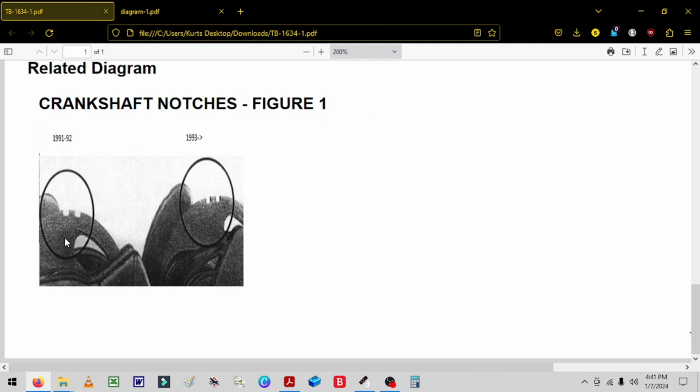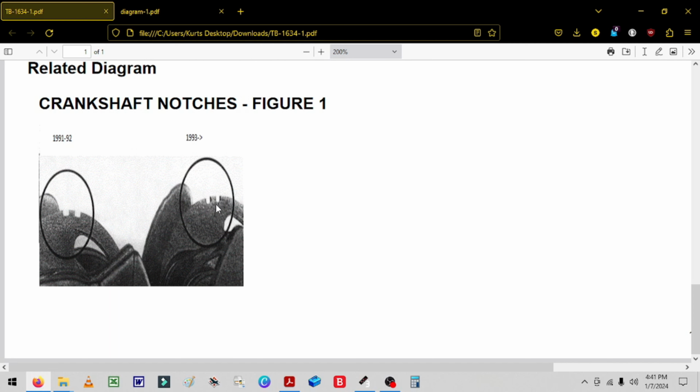So this is a 91 to 92 crank, and the difference I see just in the look of it, at least what I can pull out of it, is it looks like this design here is more squarish in the cut, whereas in 93 and forward, you see it has more of a curve on the end, like the head of an eraser, kind of.